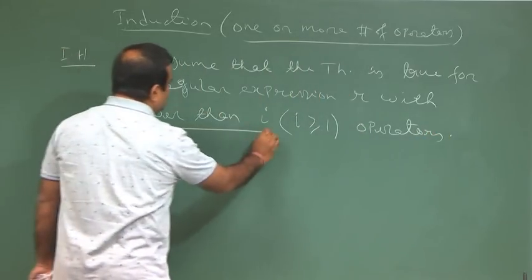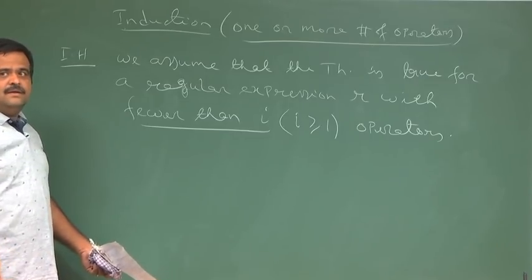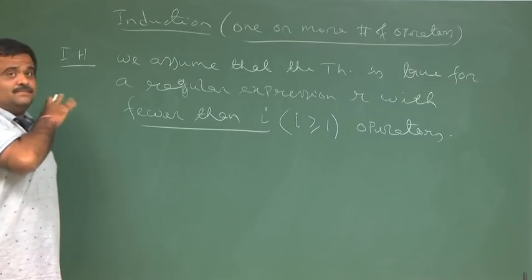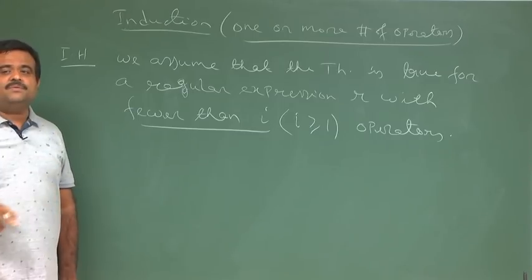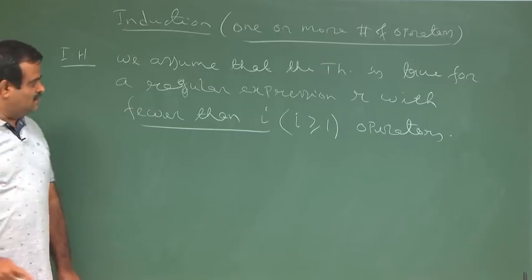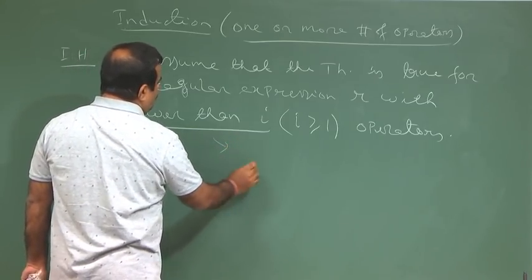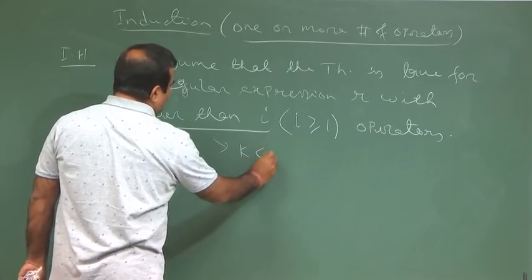Fewer than I, that means the result is true for up to I. Then we have to show, this is the assumption, this is the induction hypothesis. Then we have to show that if our result is true for I, then we are done. So, the result is true for all k up to I.